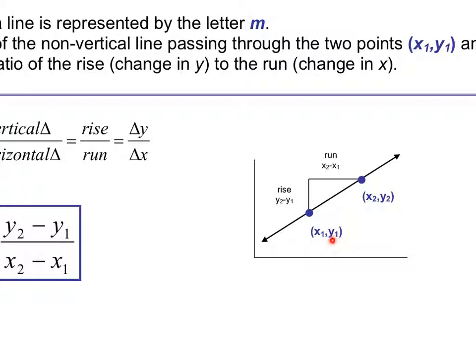So you're going to subtract y2 minus y1, that's going to give you your rise, and x2 minus x1, that's going to give you your run, and that will give us our slope. All right, once you have all of this in our notes, then we'll go on to the next page.